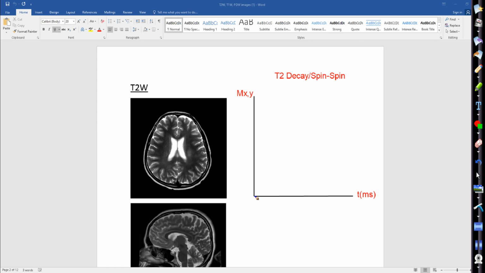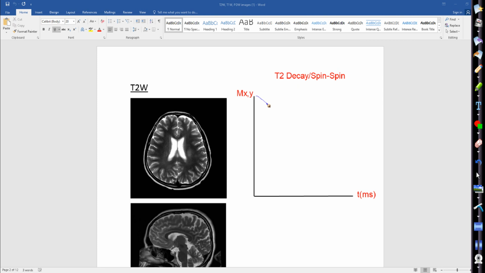And water recovers slow or fast? Water recovers slow. Oh, but you guys are confused because we're talking about T2 decay. Does water decay fast or slow? Slow. Okay. So thank you.